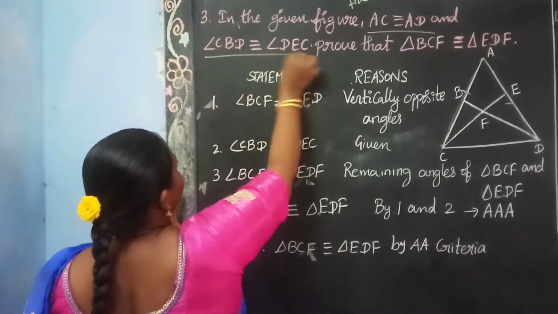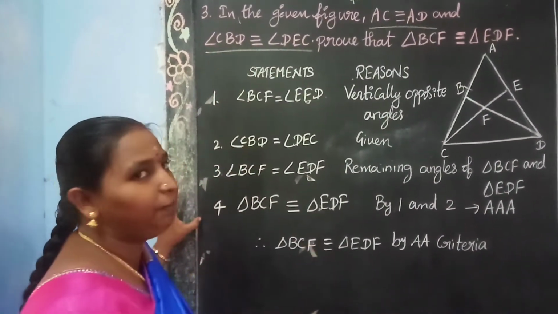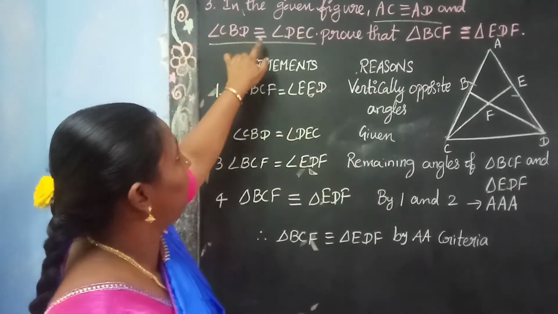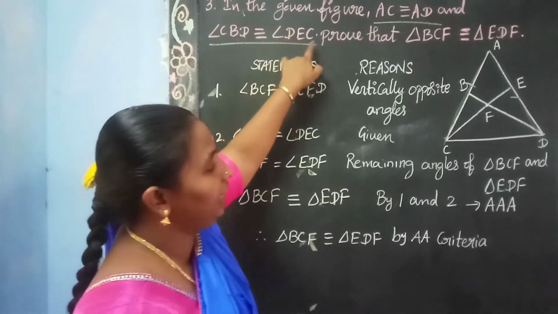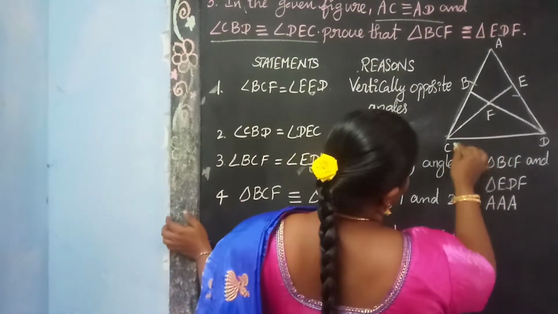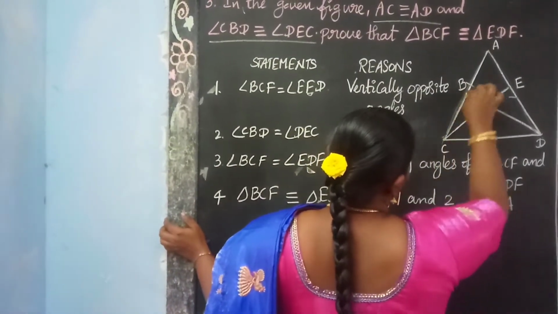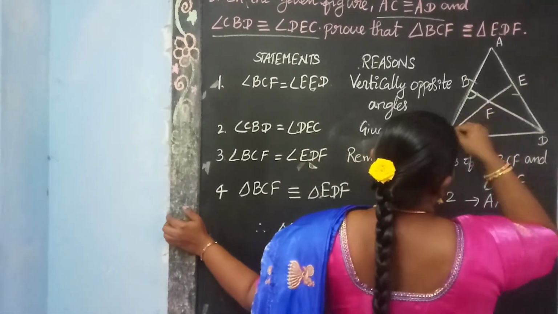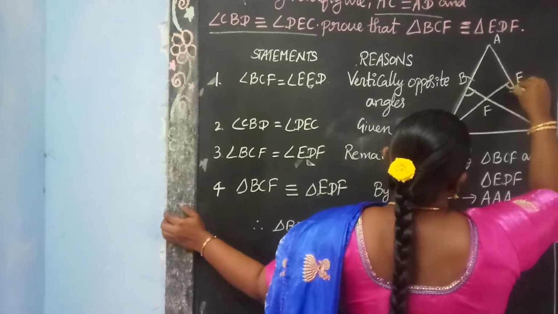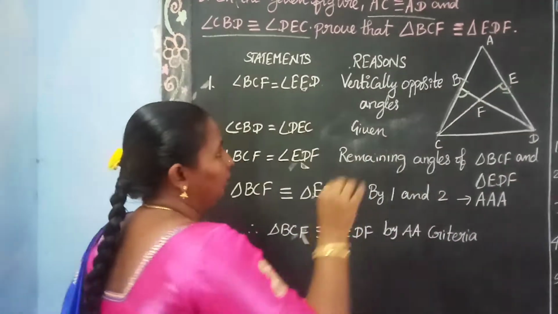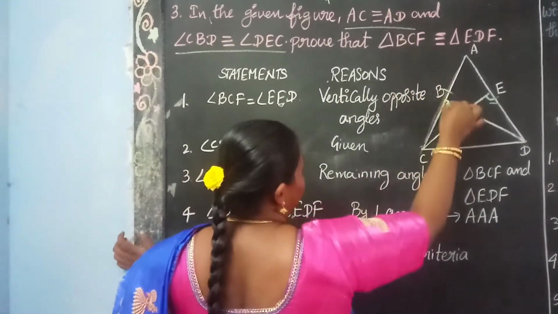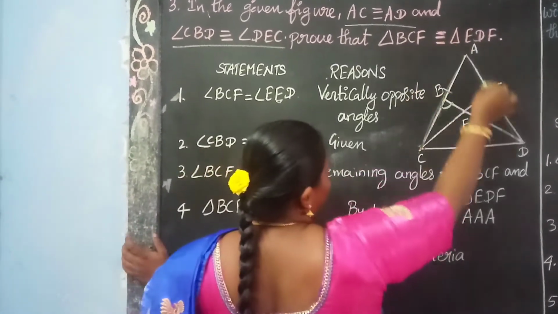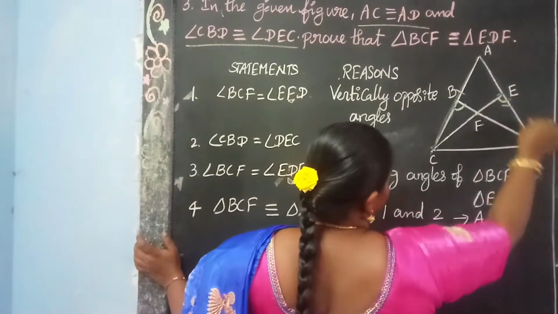Then one more condition they have given: angle CBD is congruent to angle DEC. These two angles are equal. We are going to prove that triangle BCF is congruent to triangle EDF.